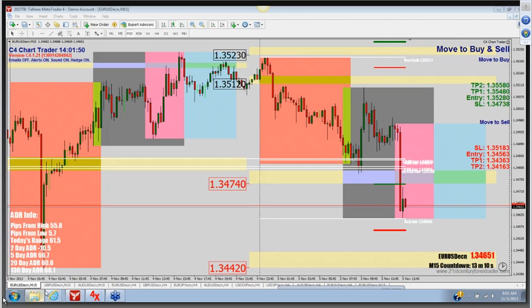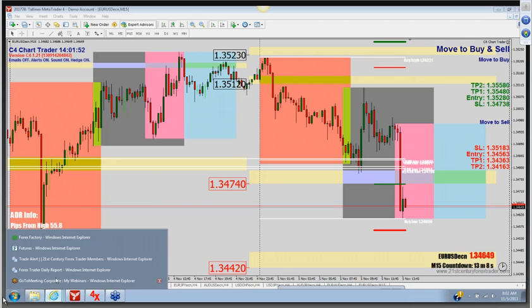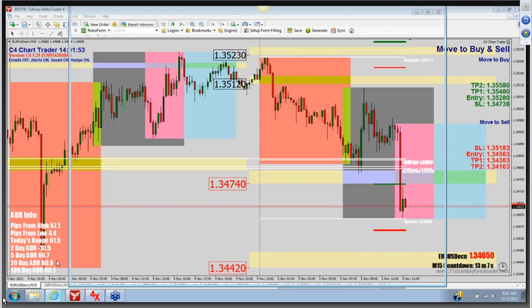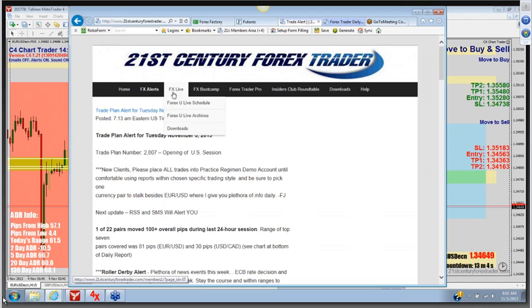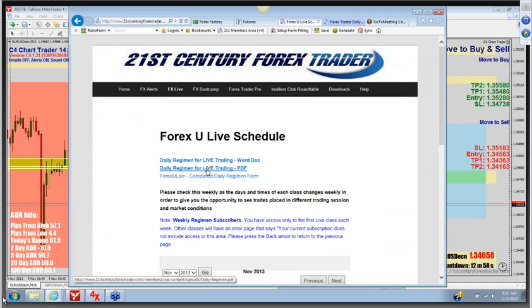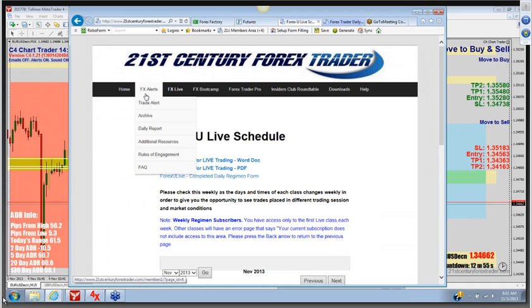So if you guys don't have a copy of that open, be sure you download one, have that maybe open on your desktop, whatever you need to do to have it. You can find it here from your members area by going to Forex Live. You can click on Schedule or Downloads. It's a few different places, and then just click, whether you want it in Word format or PDF format, and then from there you'll have it in front of you.